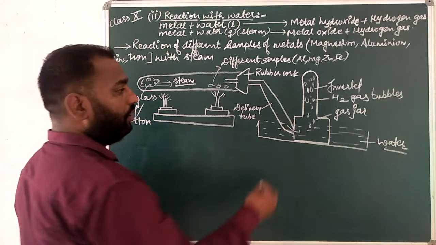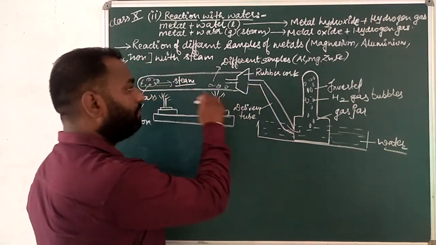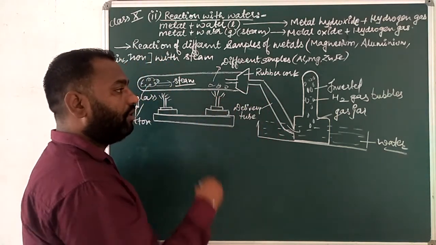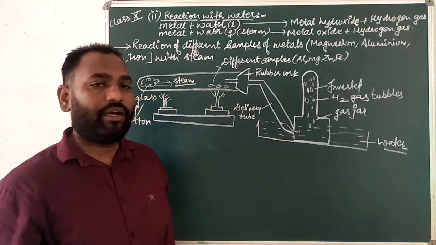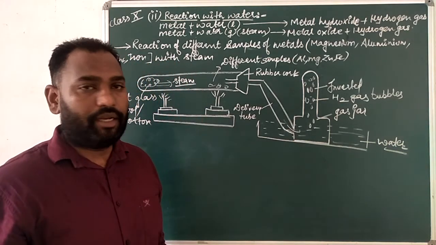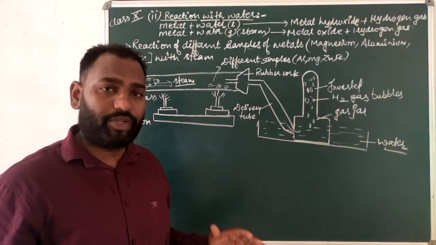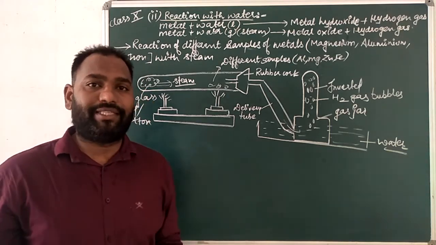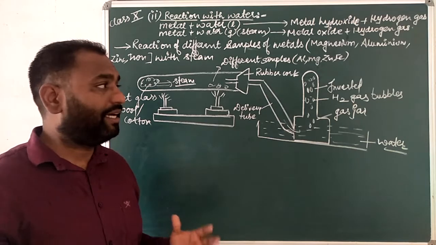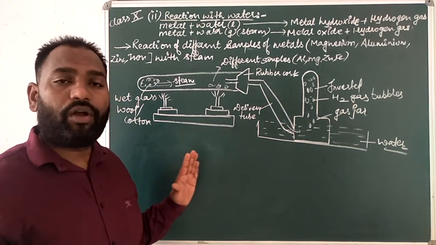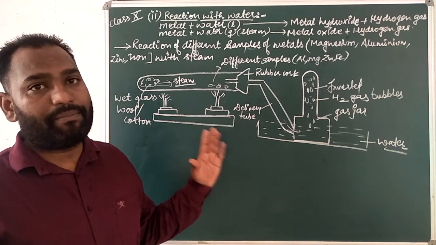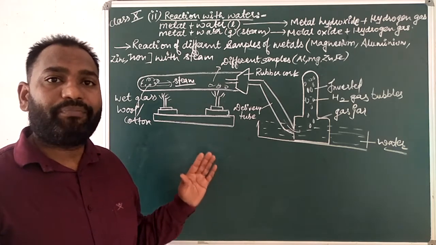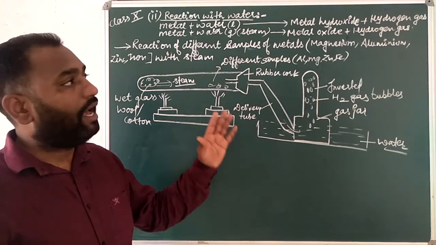So look, when the reaction is going on, we can note down the timing of the formation of this H2 gas, how quickly it forms. On that basis we can tell the reactive nature of steam with the different metal samples like aluminum, zinc, magnesium, and iron.